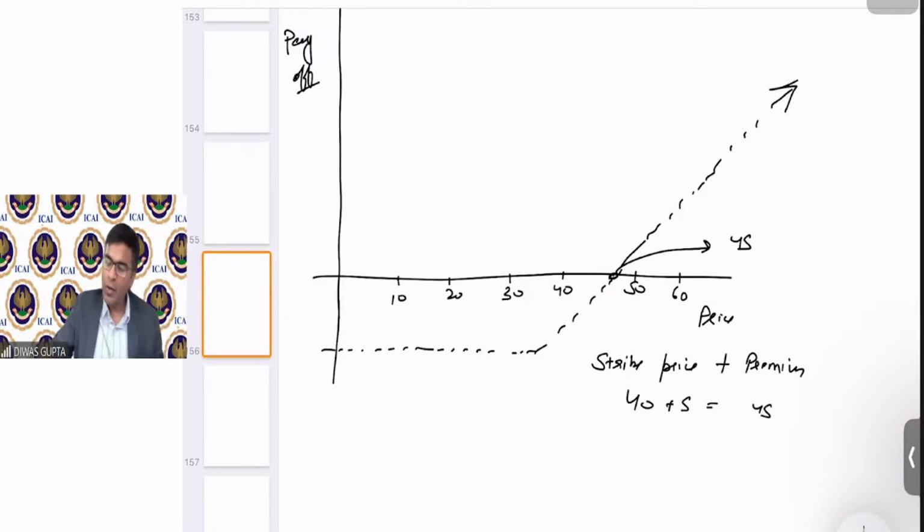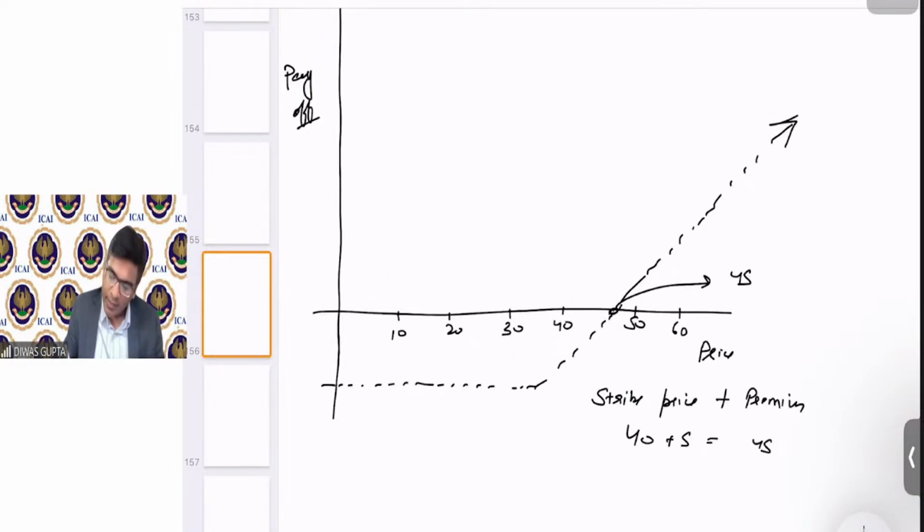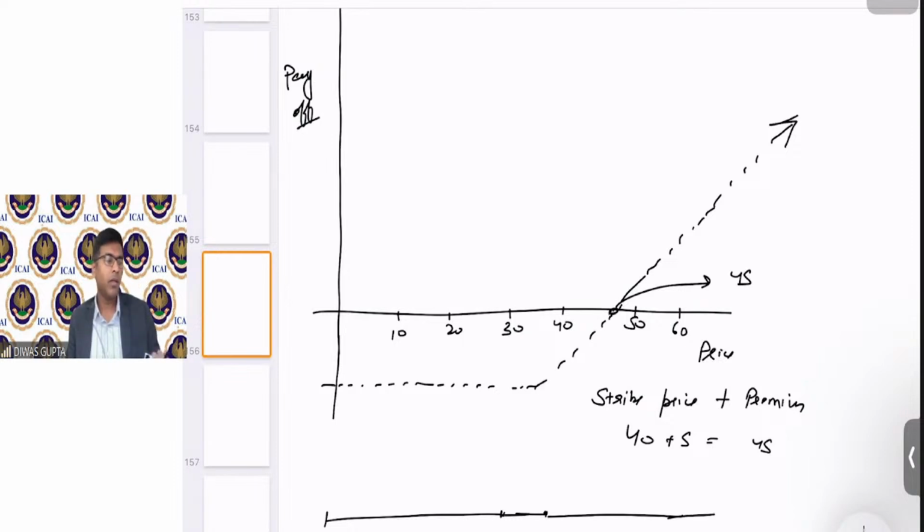Okay. Now, students, it is out of the money till here. Then slightly it is at the money. Then it becomes in the money. Correct? So that is what we discussed, students.